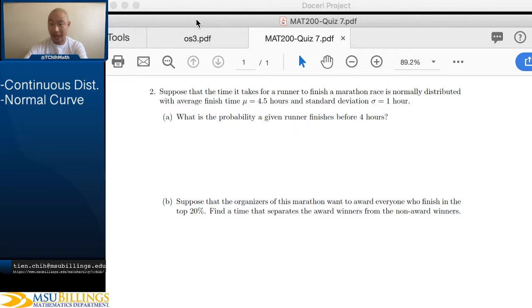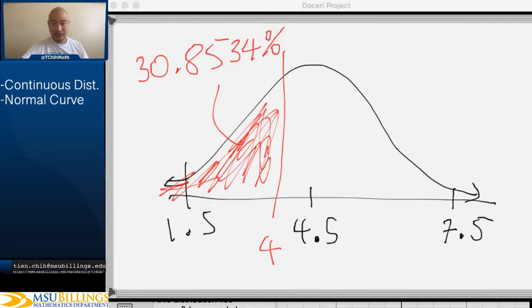The second question then is, suppose that the organizers of this marathon want to award everyone who finishes in the top 20%. What do we mean by the top 20%? It should be the 20% of fastest runners, right?